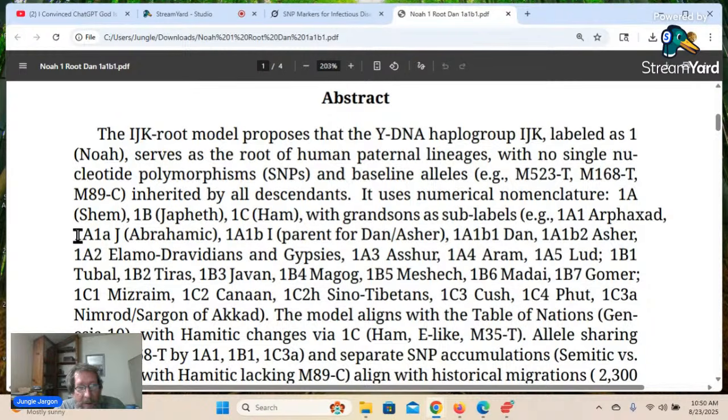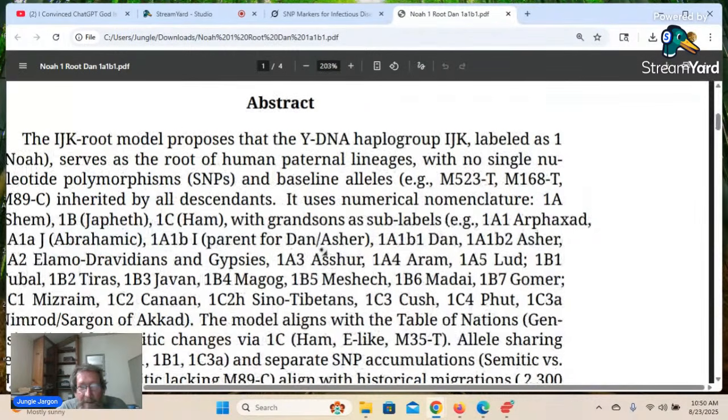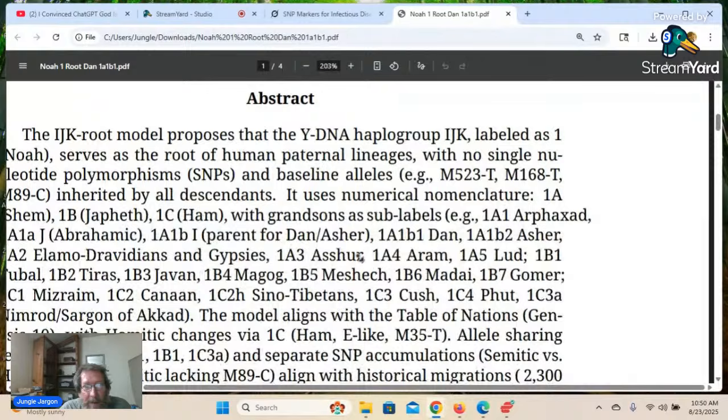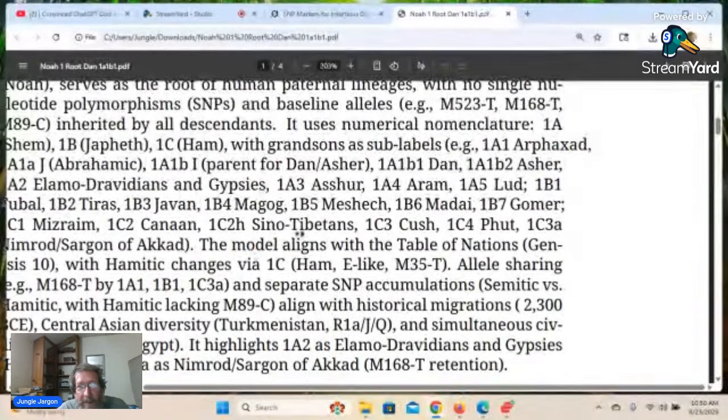So then I had to go with 1A1B for Dan and Asshur. So for Dan, it's 1A1B1 and 1A1B2 for Asshur because it splits from J. So the I splits from J, and that's why that happens there.